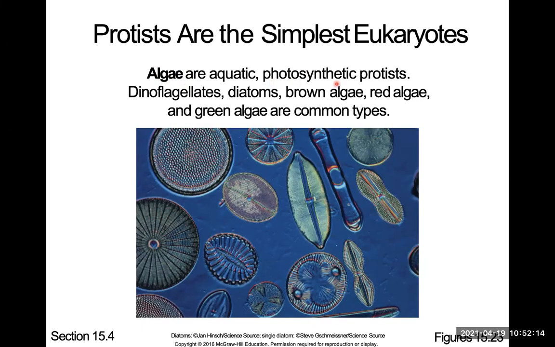So the first group we're discussing of Protista is photosynthetic Protista. So that's algae. This is going to include, these might be some new names for you, dinoflagellates, diatoms, brown algae, red algae, and green algae. So those are the common types. I'm gonna go over each one of these.